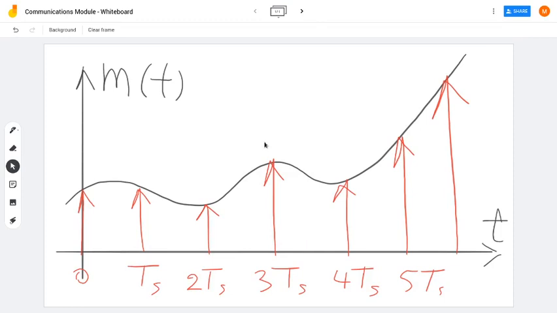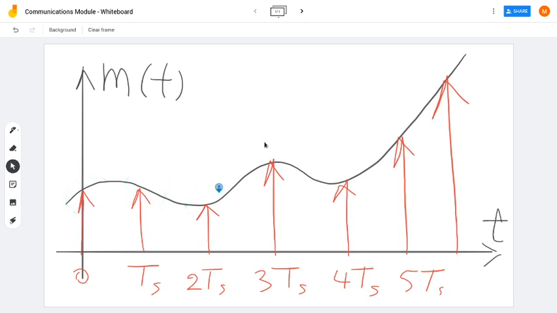As we have seen in the previous lecture, in instantaneous sampling, we multiply the message m(t) with a train of impulses, and these impulses are located at 0, Ts, 2Ts, 3Ts, and so on. Multiplying the impulses with m(t), we get the value of the message at instant 0, and then again at instant Ts, and at instant 2Ts, and so on.